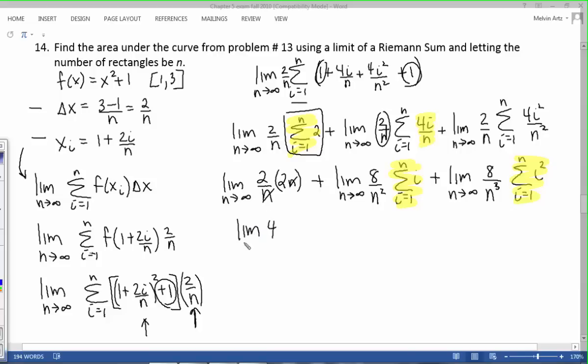The limit of 4 as n goes to infinity. So that one we can find. Now this one, we know that we can replace this summation with n times n plus 1 all over 2.